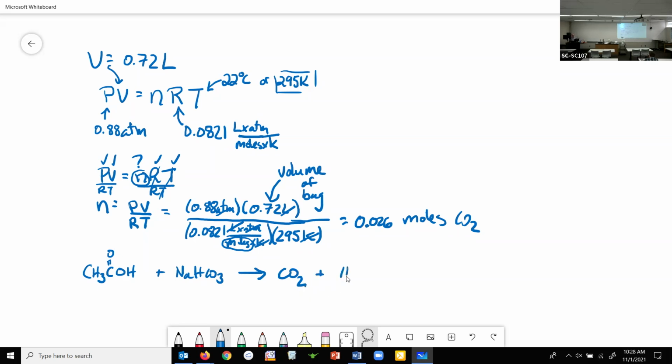We're also getting a little bit of water, and we're getting the leftover pieces, sodium ions, and what we call the acetate ion. Sodium acetate.